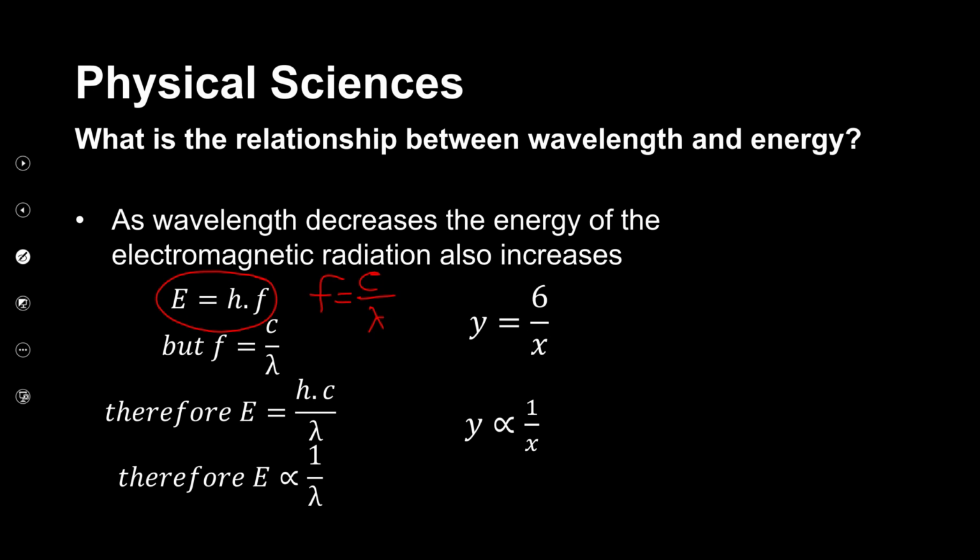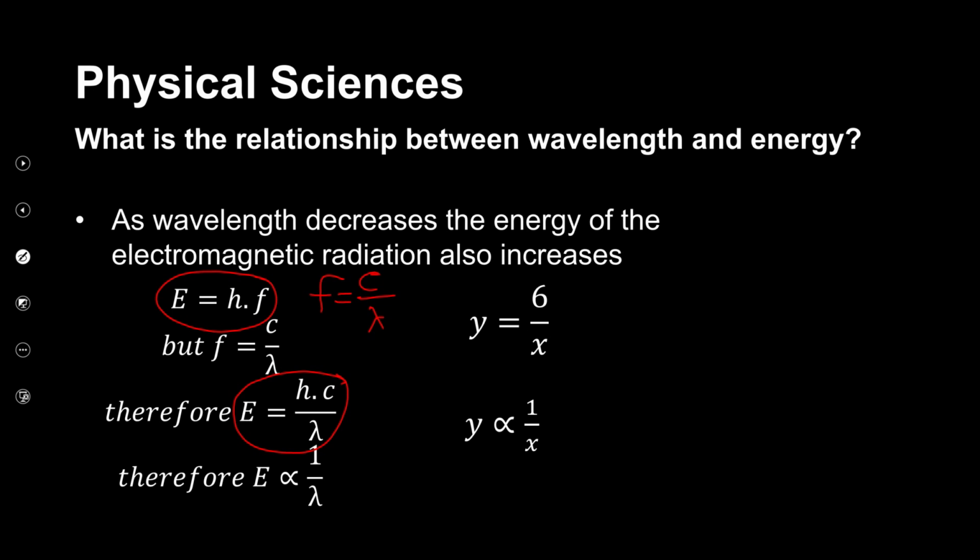And this gives us a new expression for the energy of an electromagnetic wave, where E is equal to Planck's constant h multiplied by the speed of light, all divided by the wavelength of the electromagnetic radiation in meters.